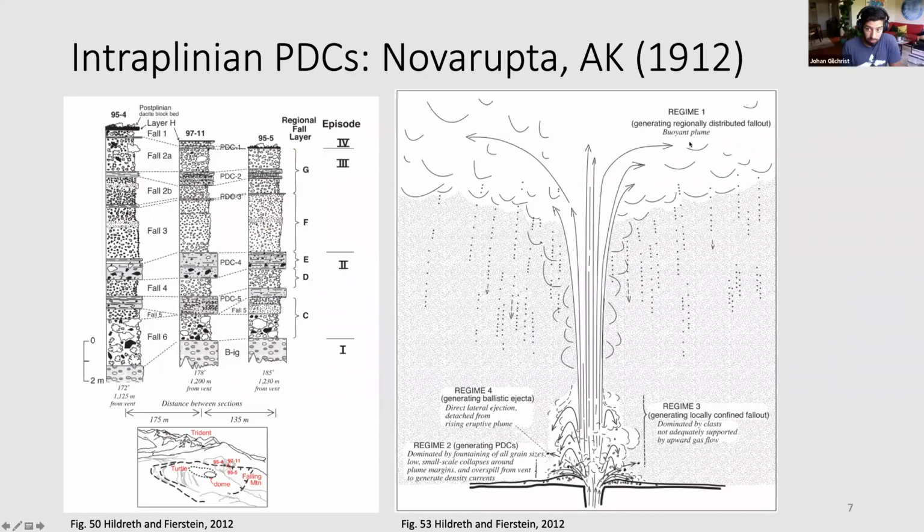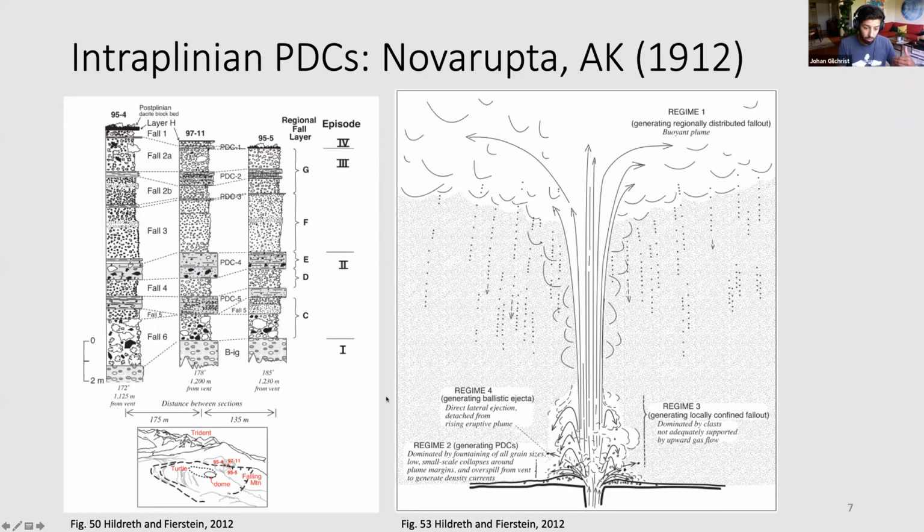Okay, so some evidence from deposits. Let's say we're looking at some deposits from eruptions for which there's no visual observations. What have we found? Well, Wes Hildreth and Judy Fierstein did a stunning analysis of the Novarupta deposit in Alaska, and combined with recent work by Bruce Houghton and others, they found that in the proximal deposit near the vent, there are alternating layers linked to PDCs and to tephra fall from an umbrella cloud.